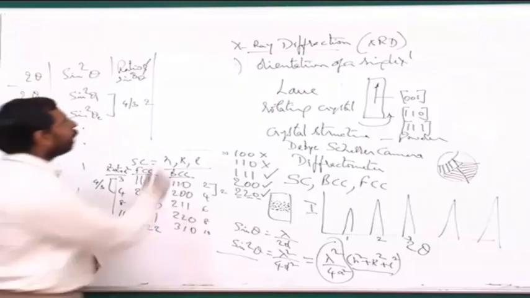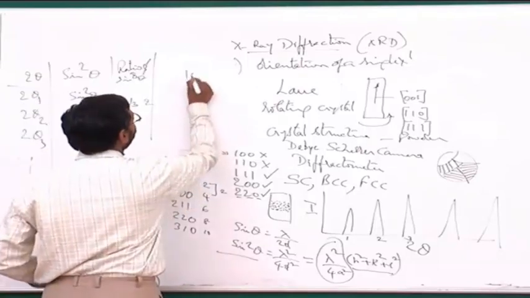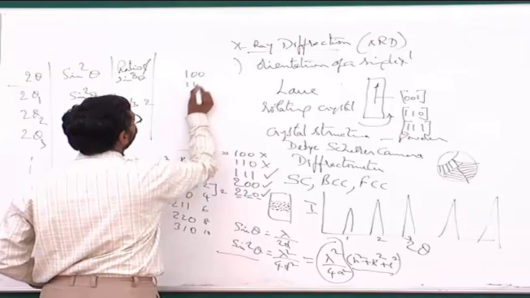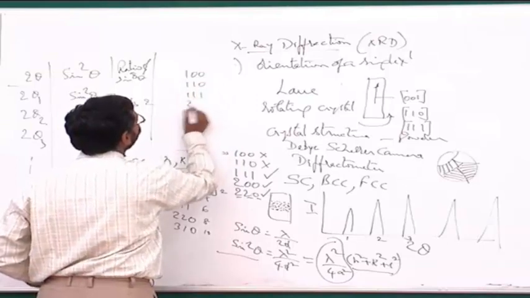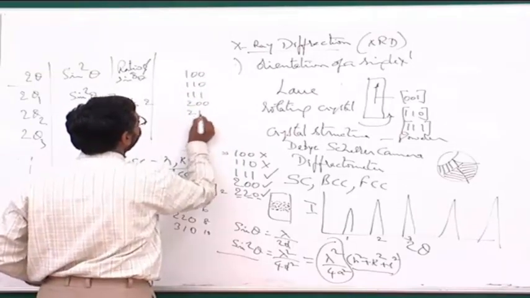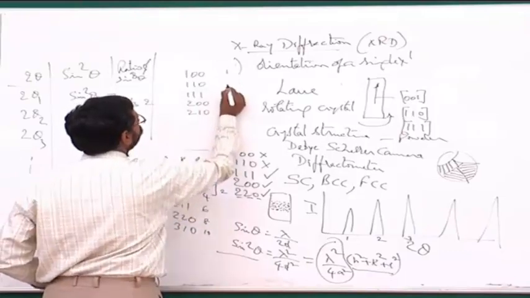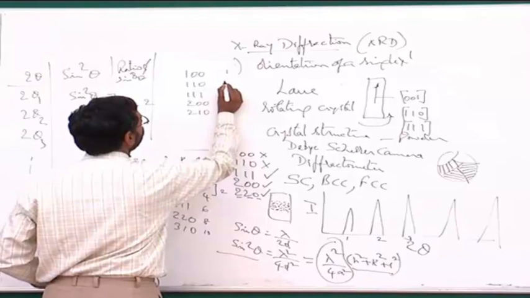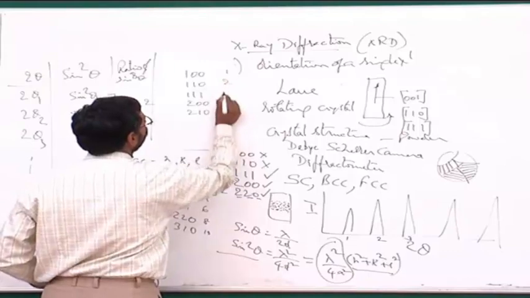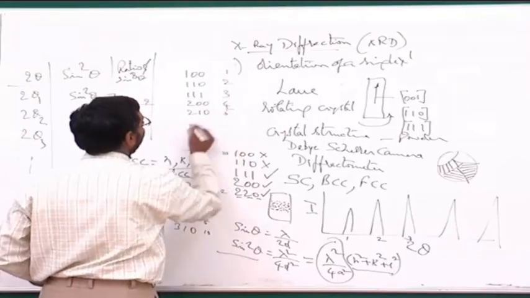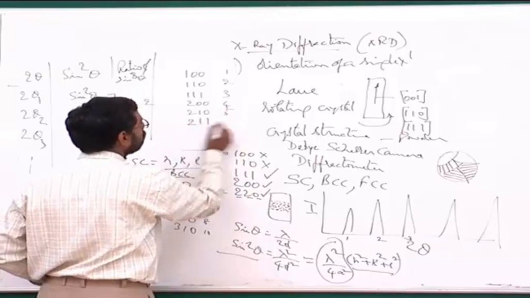Because in simple cubic, what are the planes that can give you diffraction? 100, 110, 111, 200, 210, and the squares, h square plus k square plus l square, are 1, 2, 3, 4, 5, and 6 is 211.